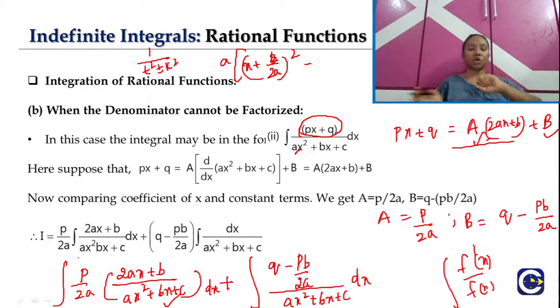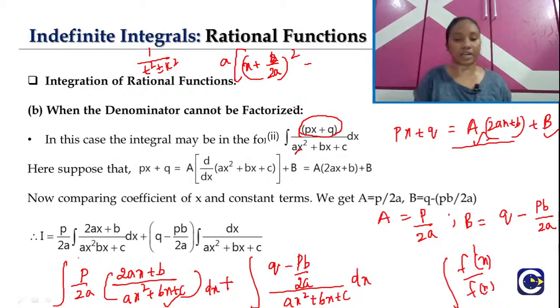Right. So the whole idea here is that whatever the given function is, we are trying to reduce it to get our standard forms of integrals. Because if we convert it into our standard forms of integrals, then it's one step to get the answer. Yes or no?